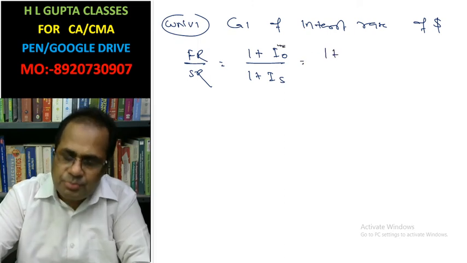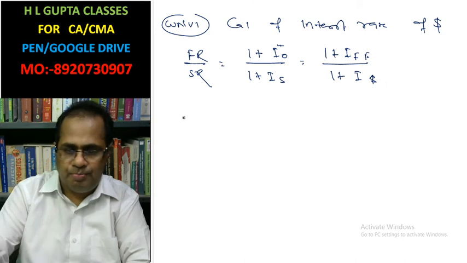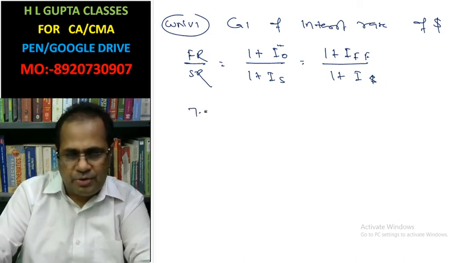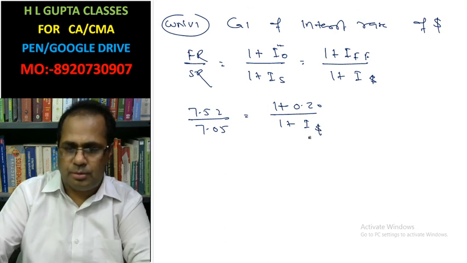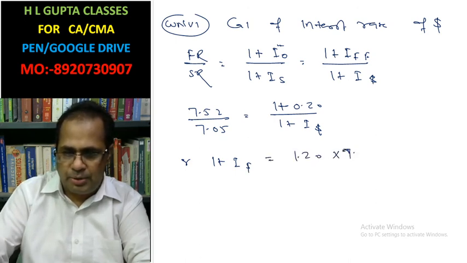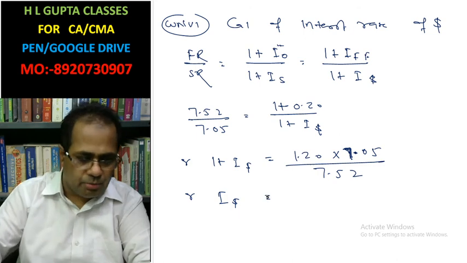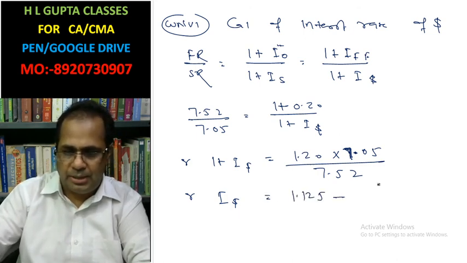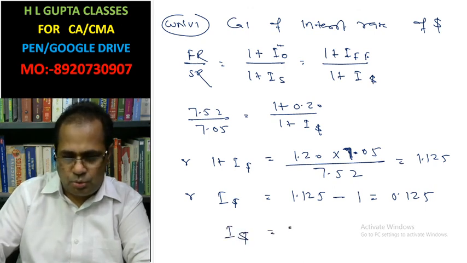You have to write the interest rate of that currency which is the number of units; the French franc is the number of units. Forward rate you have already calculated, 7.52, spot rate 7.05. This is 1 plus interest rate of dollar, and the interest rate of French franc is 0.20. The interest rate of dollar you have to calculate: 1 plus interest rate of dollar equals 1.20 into 7.05 upon 7.52, so interest rate of dollar equals 1.125 minus 1, 0.125, that is 12.5%.